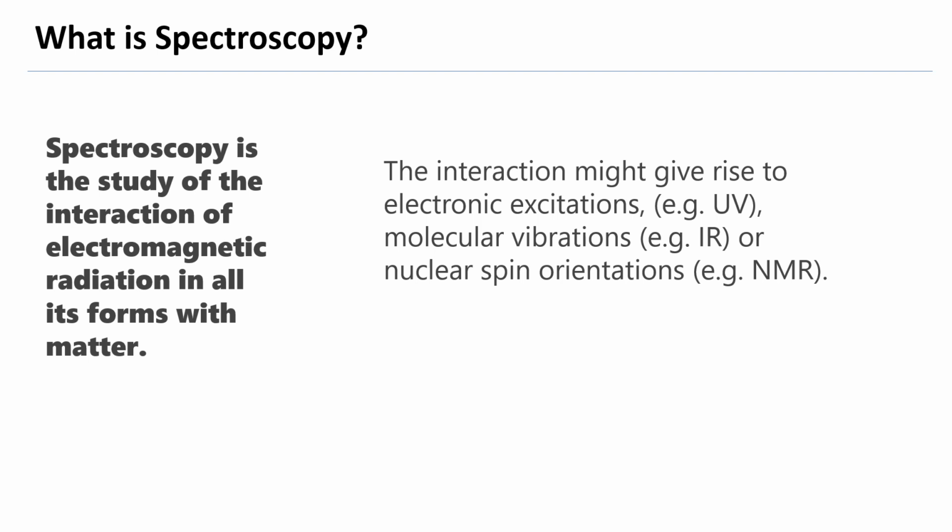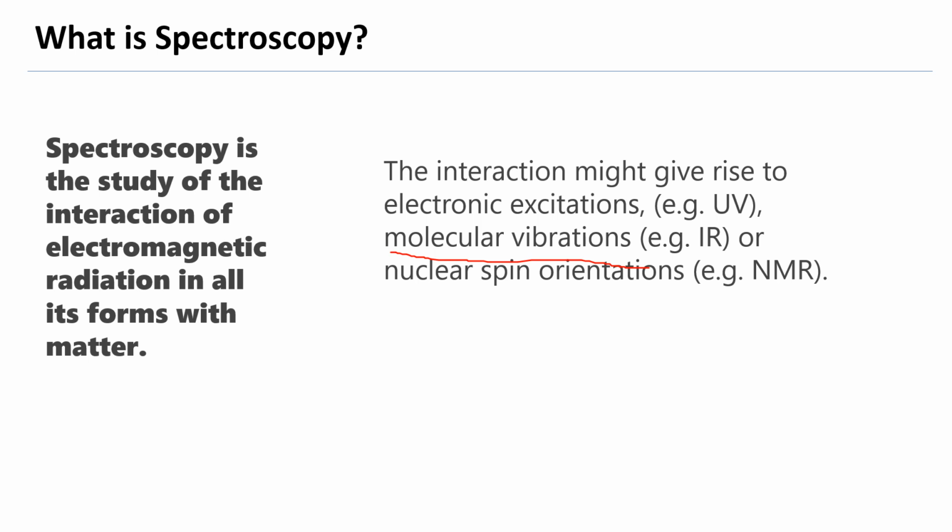These interactions might be electronic excitations, if UV, ultraviolet rays, interact with the matter, or molecular vibrations, if IR, infrared radiations, interact with the matter, like that there is NMR, nuclear magnetic resonance.